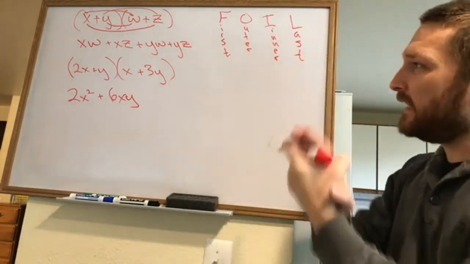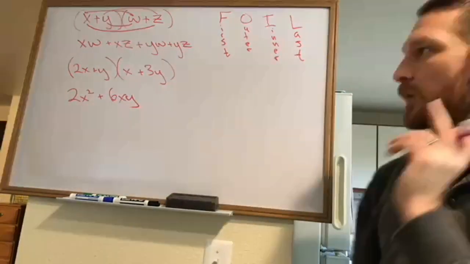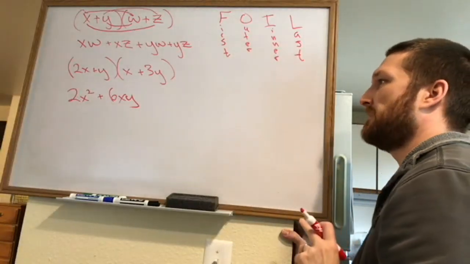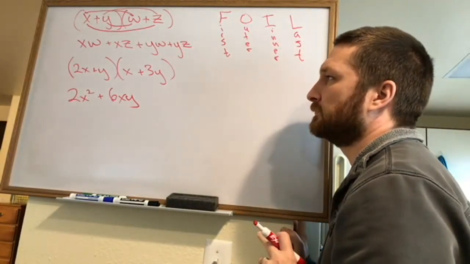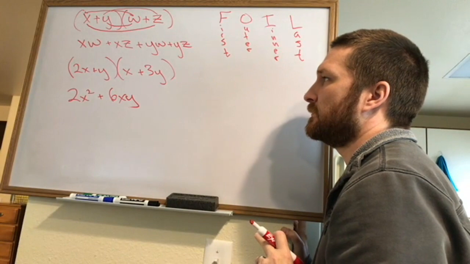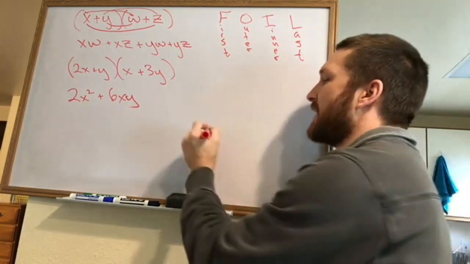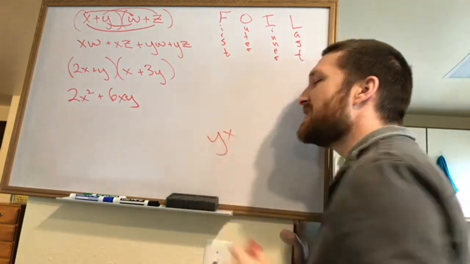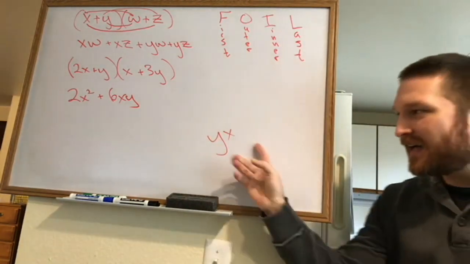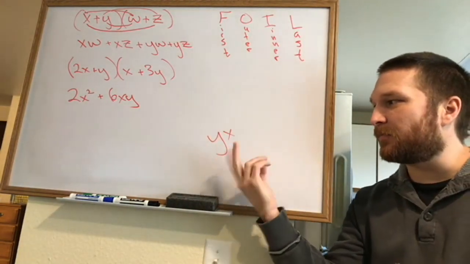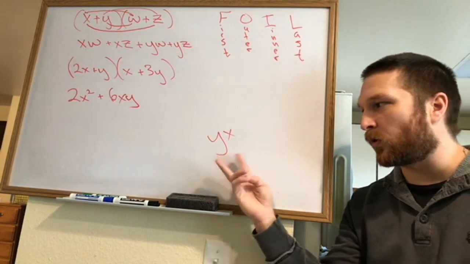Okay, so usually we just compute the coefficients first and then jumble all of those variables together. Now, what about inner for this guy? What's the inner product? Yx. Yx. And in practice, because of this commutative property of multiplication, we could do it in either order.